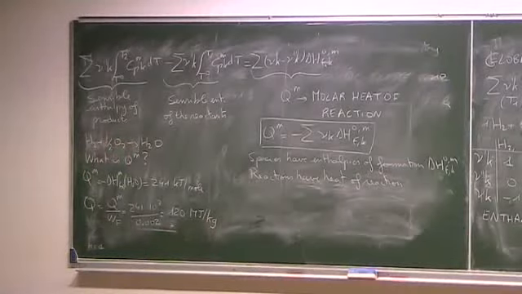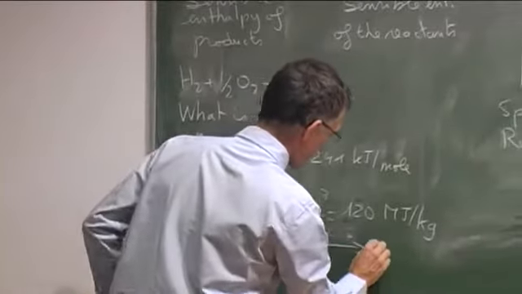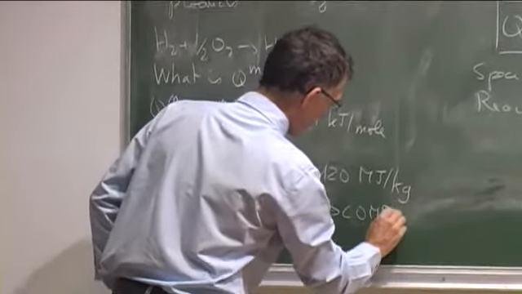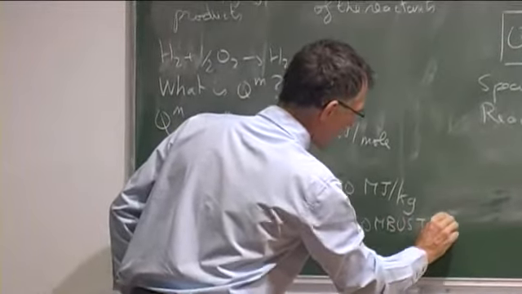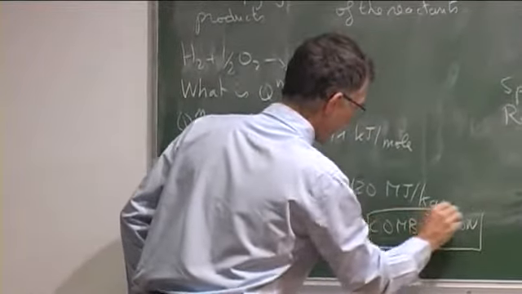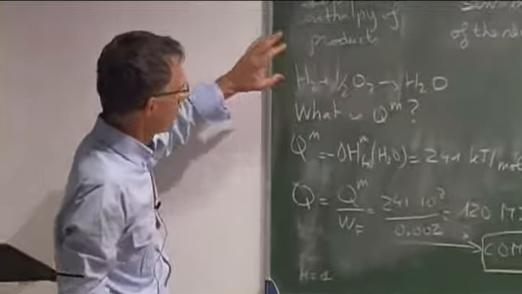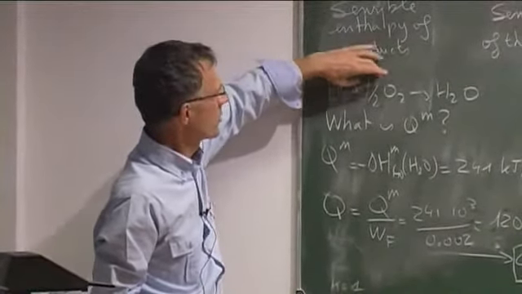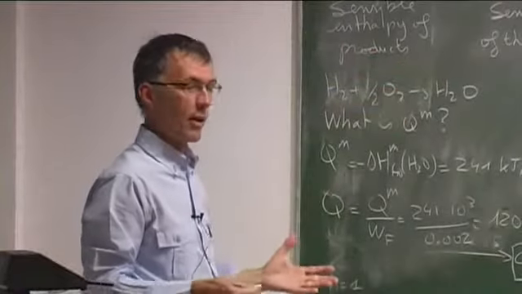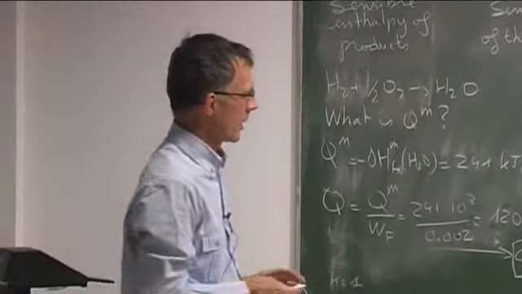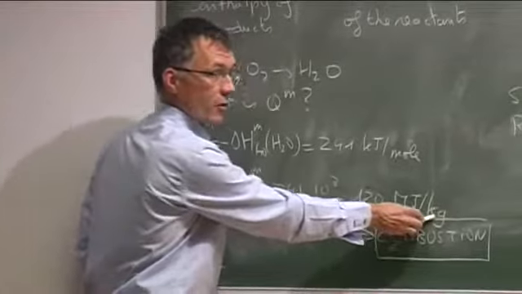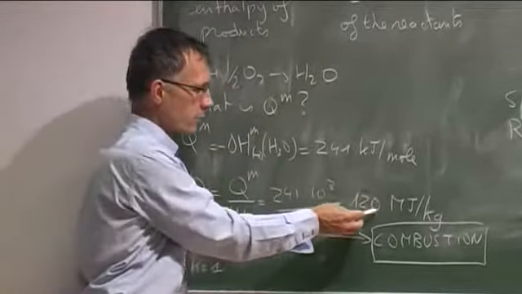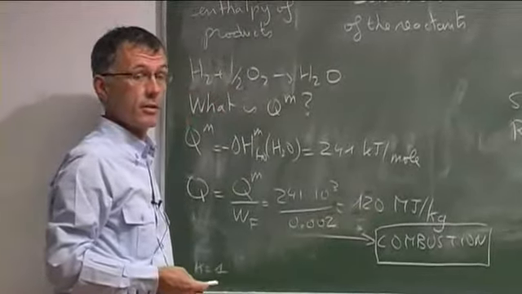This number in itself is combustion. It's the reason why combustion works, is that every time you convert these two species into water, you release an amount of energy which is huge. Each time you burn 1 kilogram of hydrogen, you get 120 megajoule. That's quite a lot. Okay.